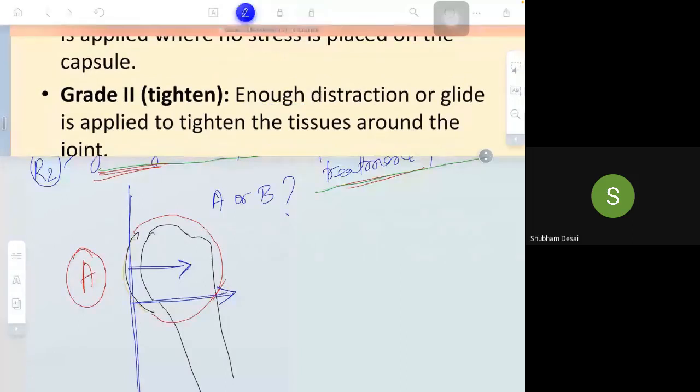Now it will be tight. When you are distracting the joint, you will feel the tightness of the capsule. So you have to distract up to that point. You will distract the joint till you feel the tightness of the capsule. That is called grade 2 distraction.